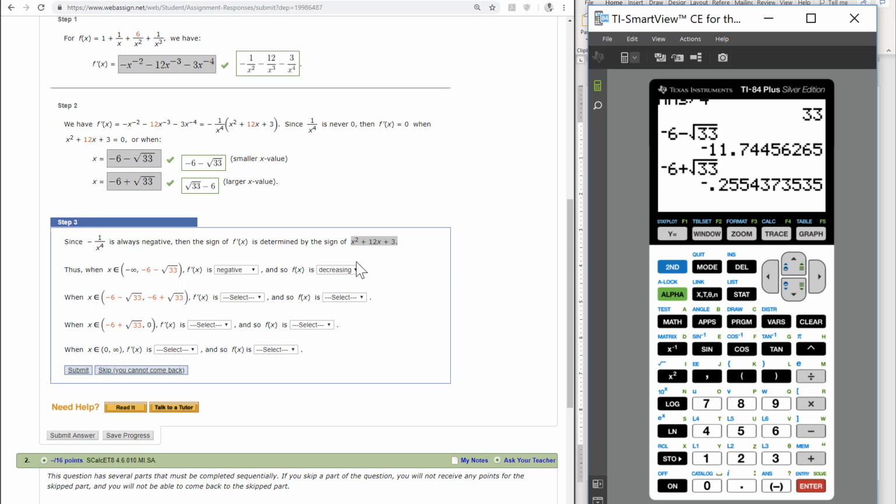So I don't know, negative 6 might be a good one. Negative 6 squared is 36. This is going to be negative 72, so this is going to be negative 36 plus 3. It's going to be a negative number overall, but then you're multiplying by another negative, so this is going to be a positive. So that means our graph is going to be increasing.